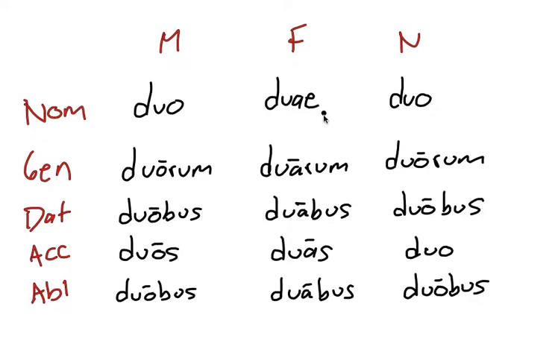So the forms for duo are kind of a blend between second and third declension, as most pronouns are in the plural. So orum, arum, orum, and then we have obus, obus, obus for dative and ablative plural, and then accusative looks like a first and second declension adjective.